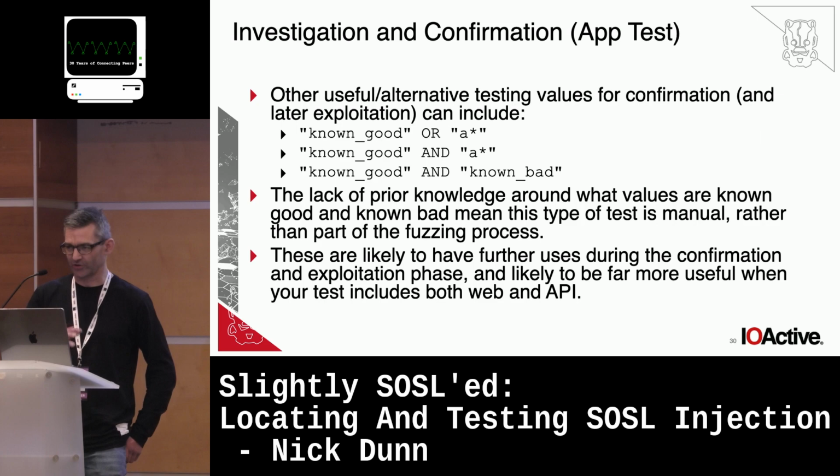That's obviously not so good for some fuzzing payloads because they depend on you knowing the known good and known bad values. But these are massively more useful when investigating the exploitation possibilities and the information disclosure stuff.